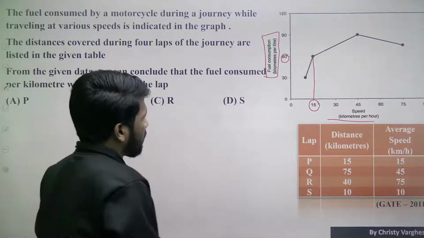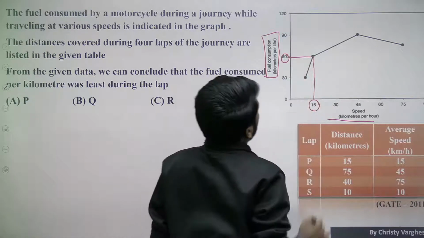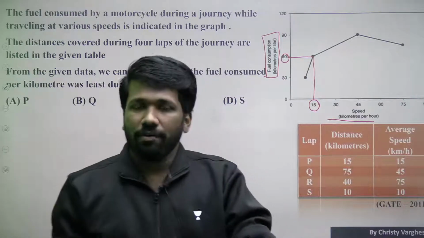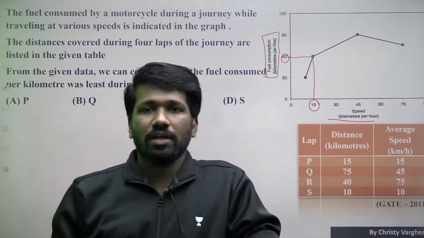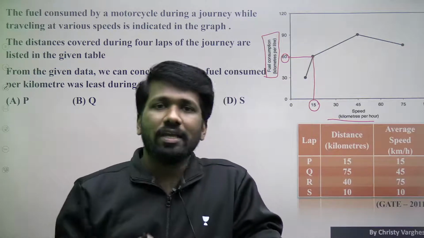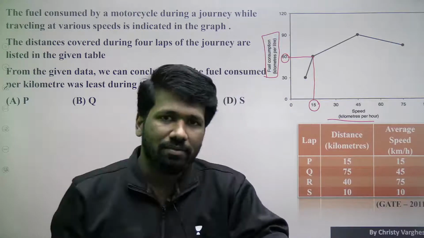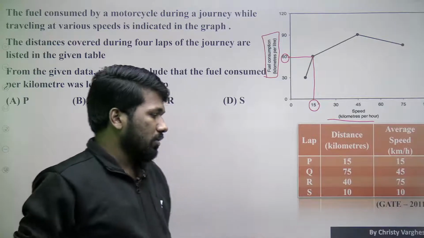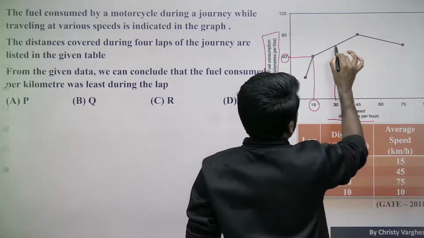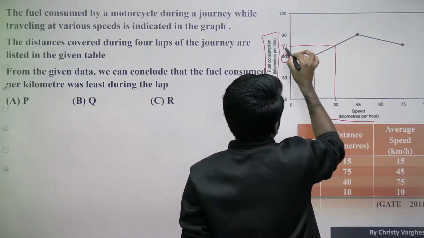So the graph says at 15 kilometer per hour speed, you can travel 60 kilometer if you use only 1 liter of petrol. For example, if petrol price is 105 rupees per liter, if you spend 105 rupees you can travel 60 kilometer. Similarly, at a speed of 30 kilometer per hour, the mileage increases to almost 70-75.